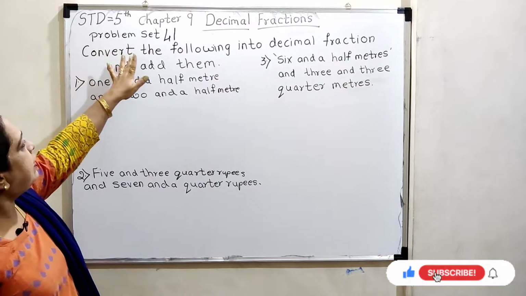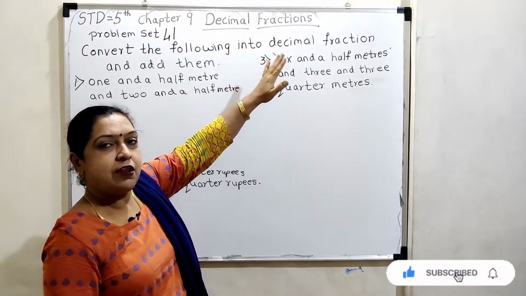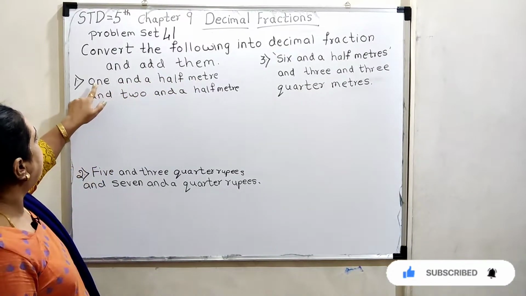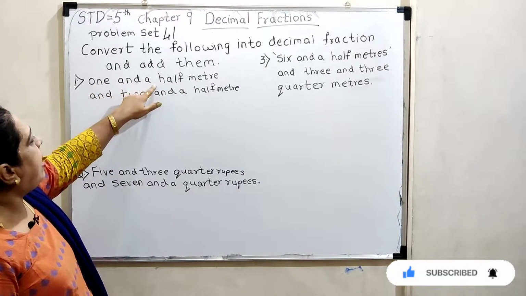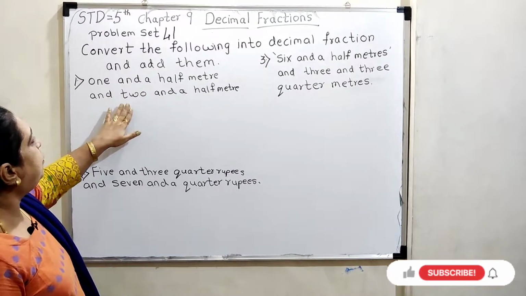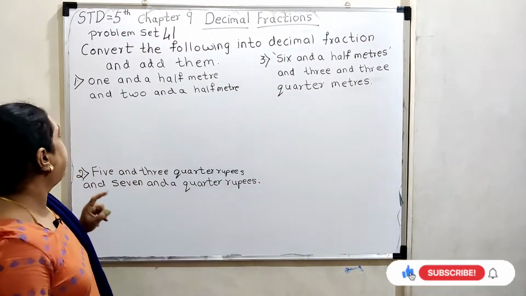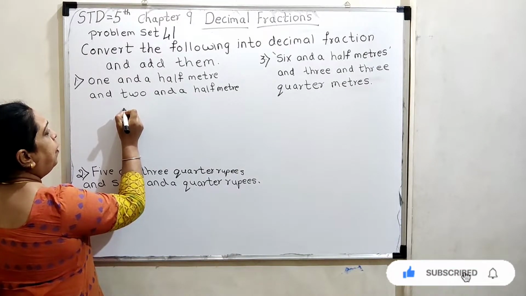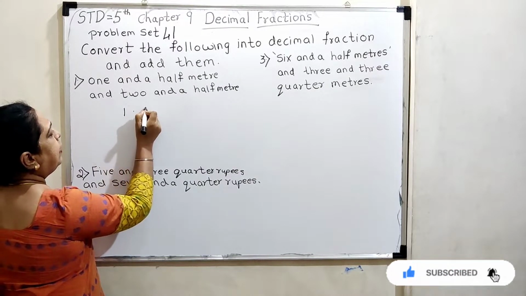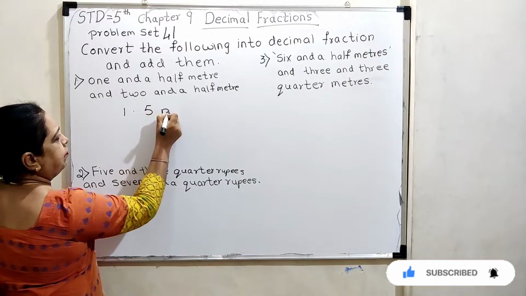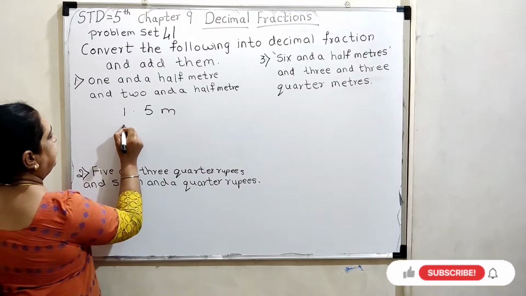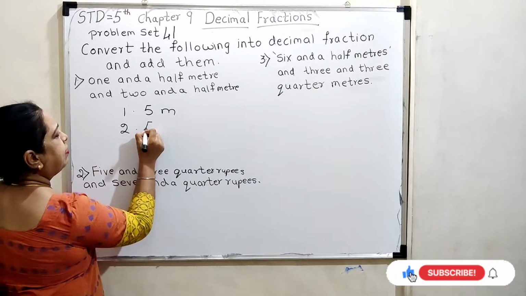Convert the following into decimal fractions and add them. So first sum, 1.5 meter and 2.5 meter. So what do you mean by 1.5 meter? 1.5. And 2.5 meter, 2.5.